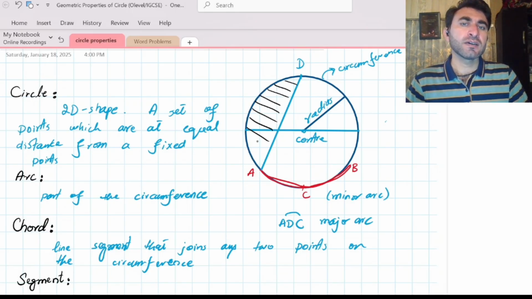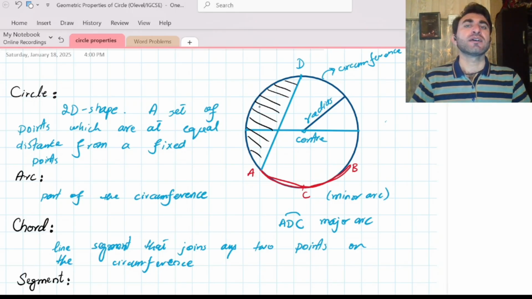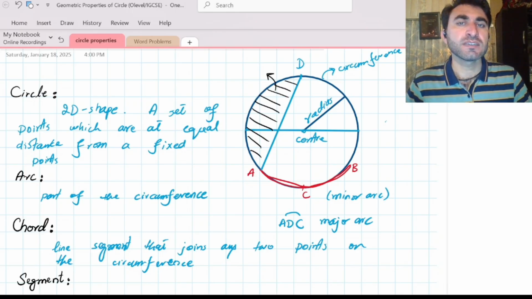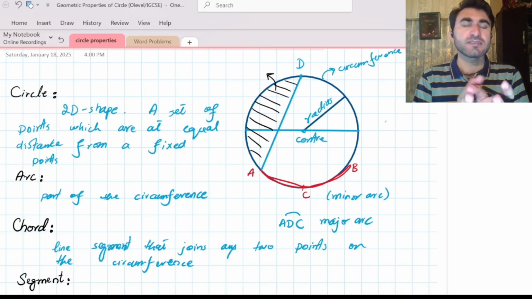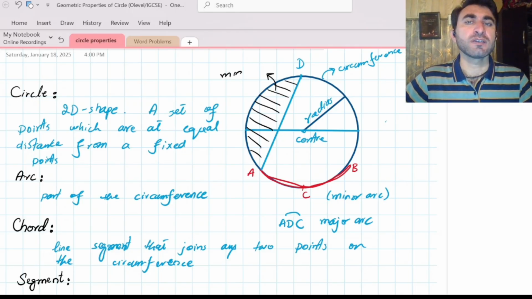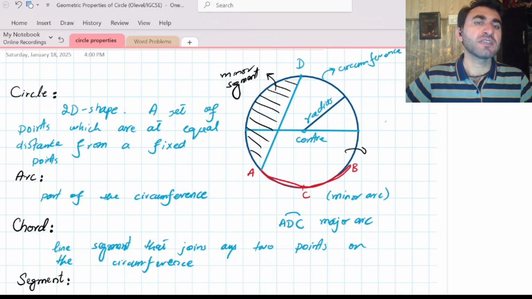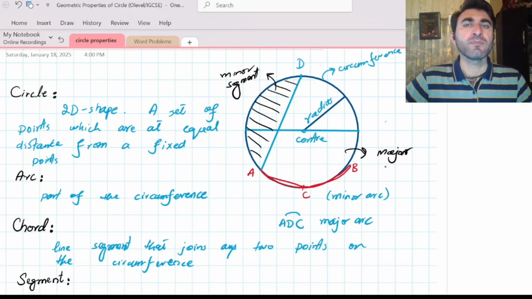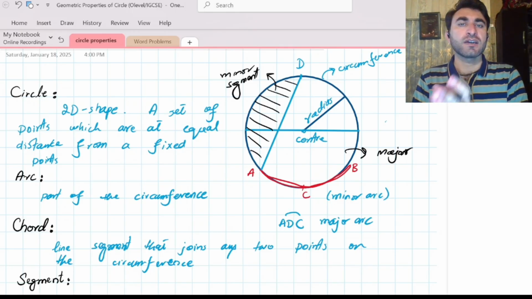The area between a chord and the arc is known as a segment, and as we can see this one is less than the semicircle, less than half of the circle, so we call it the minor segment, and the segment opposite to it we will call the major segment. All right. So segment is basically the area between a chord and an arc.